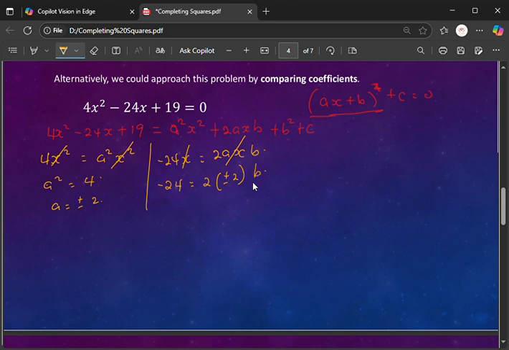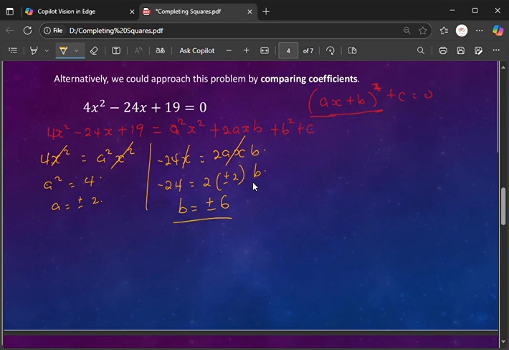So working this out and dividing, b, of course, you can take positive 2. 2 times 2 is 4. Negative 24 divided by 4, we get 6. So basically here you can conclude that b is plus or minus 6, because a is plus or minus 2.